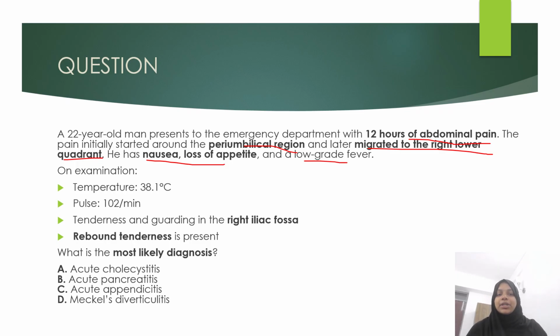And on examination, there is raised temperature, pulse is raised again due to fever, tenderness and guarding in the right iliac fossa, and rebound tenderness. So mostly in acute abdomen, the diagnosis comes from the site of pain and the presentation. If it's epigastric pain radiating to the back, associated with vomiting, it can be pancreatitis.